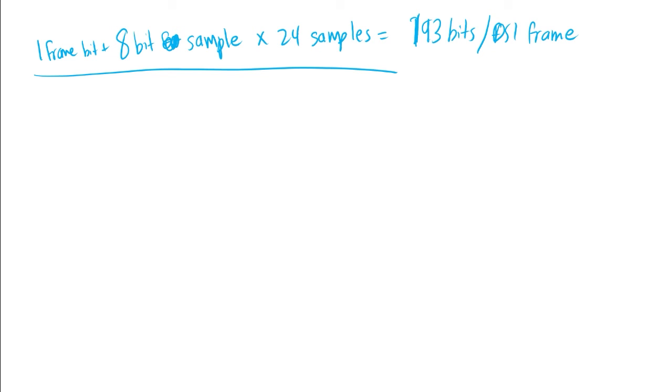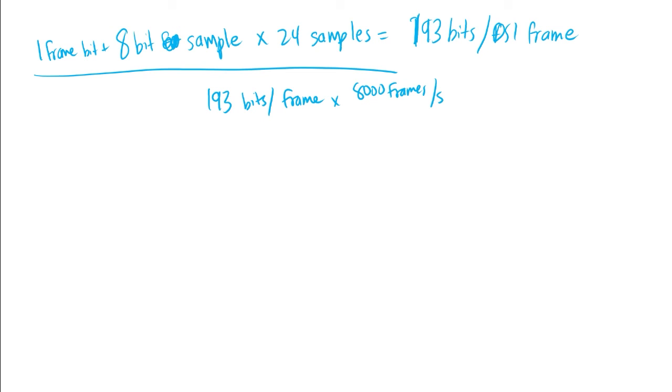And remember, we're sampling 8,000 samples per second. So we take 193 bits per frame times 8,000 frames per second.